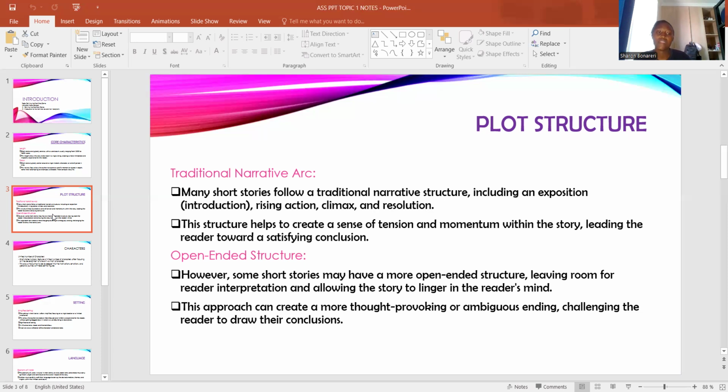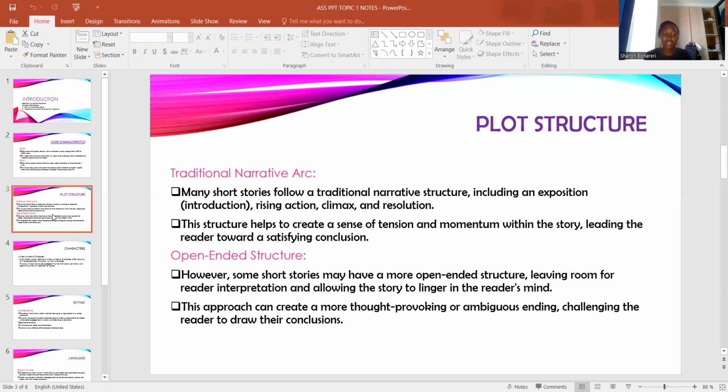And then the open-ended structure. Some short stories may have a more open-ended structure, leaving room for the reader to interpret. In this case, I can summarize that in the open-ended structure, as a reader, you're given the opportunity to imagine how the story can end.